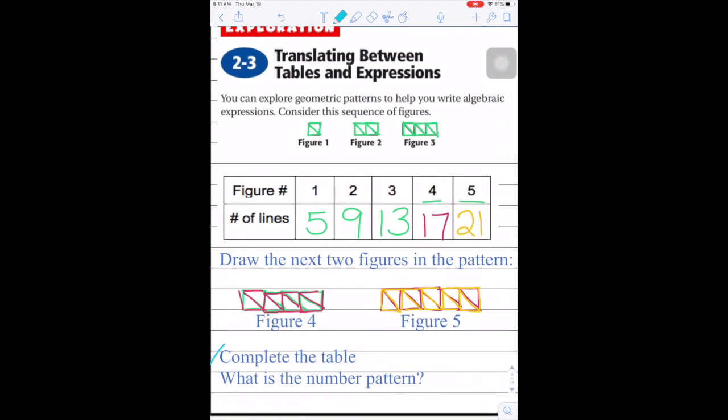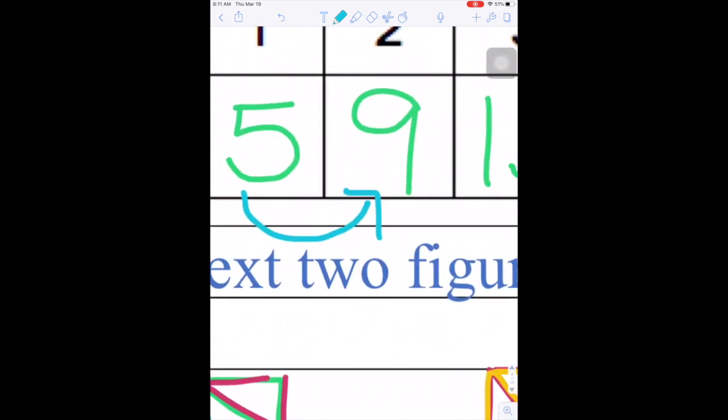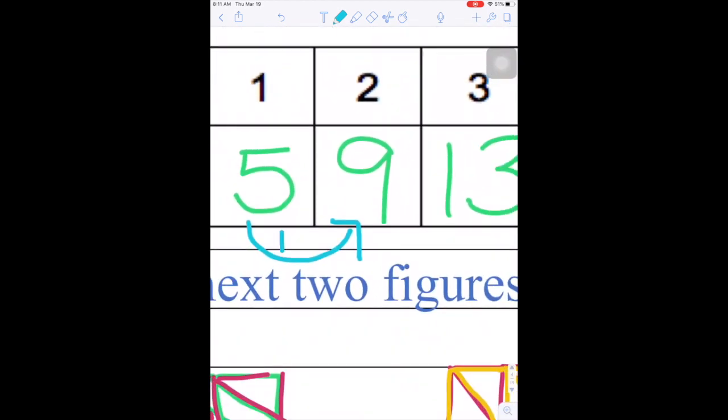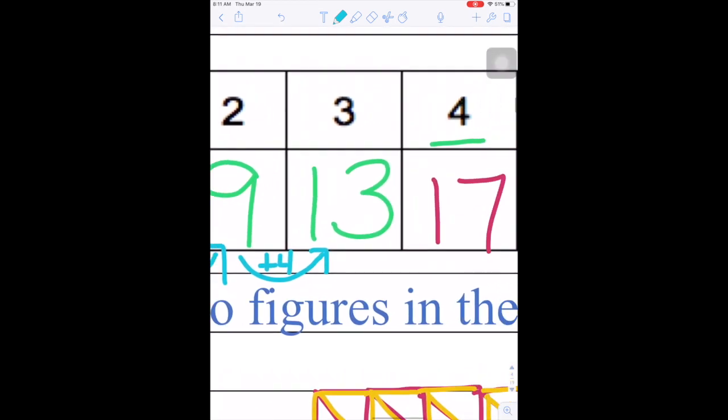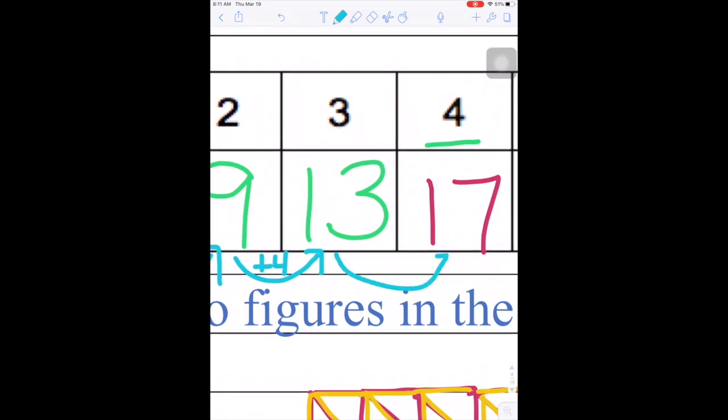How do these numbers increase each time? Sometimes we can go this way and say, well, if I go from 5 to 9, I added 4. 9 to 13, I added 4. 13 to 17.